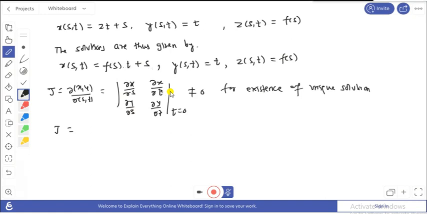Okay, and this is x के साथ अगर आप t के साथ करोगे, this is simply f s, और यहाँ पे अगर हम करते हैं तो s के साथ, तो that becomes 0, और यहाँ पे हमारा क्या होगा, तो आप उसे लिख सकते हो कि this becomes s के साथ अगर हम करते हैं तो f prime s t plus 1 s के साथ किया, और इसको अगर हमने t के साथ किया तो सिंपल f s आएगा, और इसको y को s के साथ किया तो 0 हो जाएगा, और t के साथ किया तो 1 हो जाएगा, और here when t equals to 0, this becomes 1.